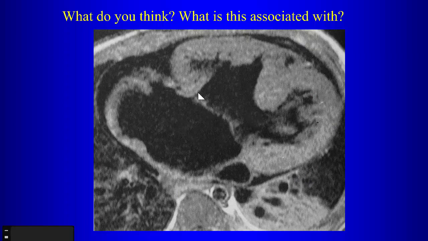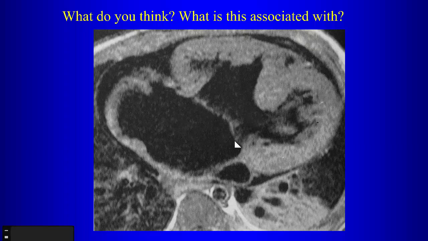Right? What is this thing? Remember, between the atrium and the ventricle, you should have a valve. Right. There should be two separate valves.